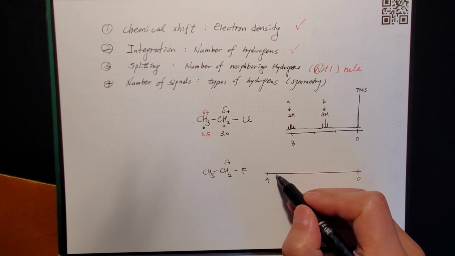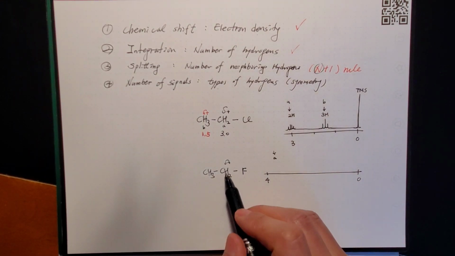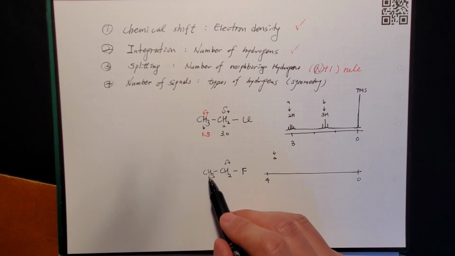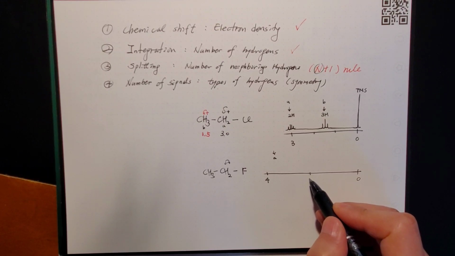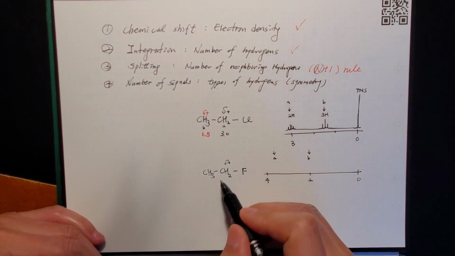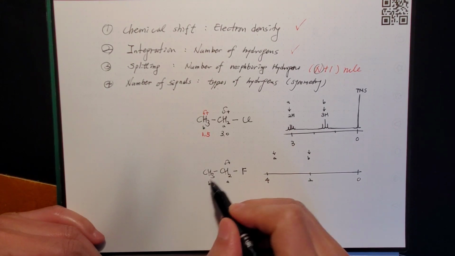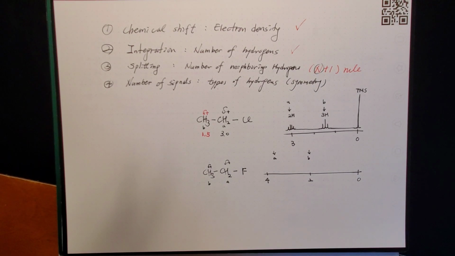And here, that's A. Then the next one is about half of the 4-ish, so close to the 2-ish for the B. So A and B, because B possesses less positive charge, is less deshielded and more shielded than the other hydrogen.